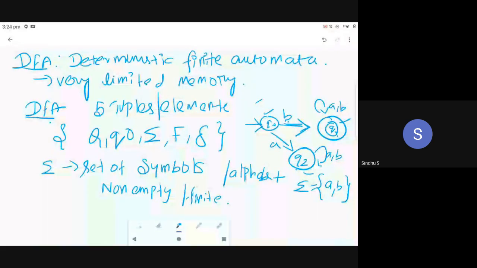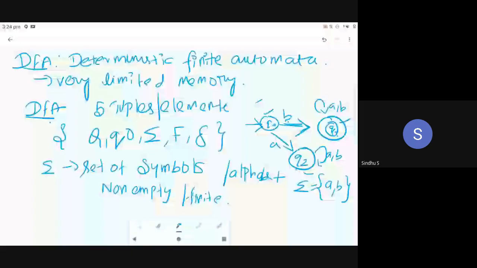For example, currently, if I am in state Q1, the machine knows that I have scanned the input B and I have reached Q1. Fine. If I am in Q2, the machine knows that I have scanned the input A and I am currently in the state Q2. So that's why no additional memory is required for these DFAs, and the machine remembers the part of the input by changing the states. The machine remembers the input by changing the states.